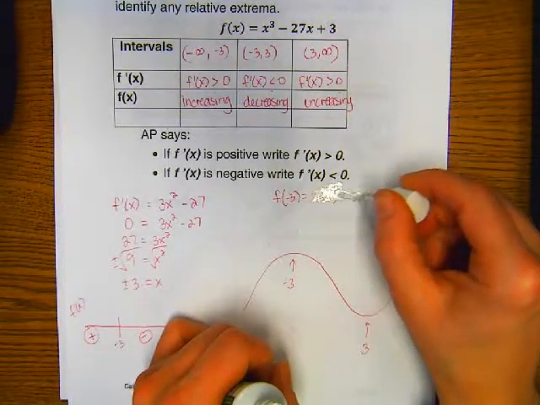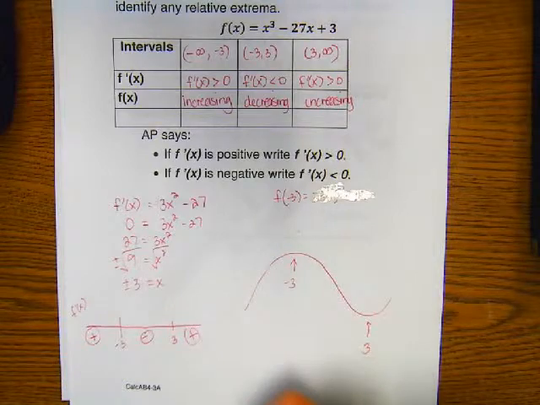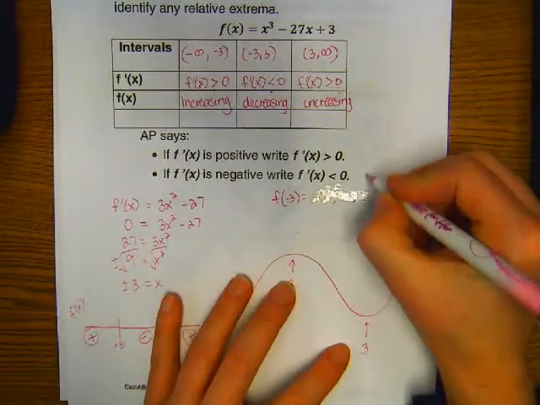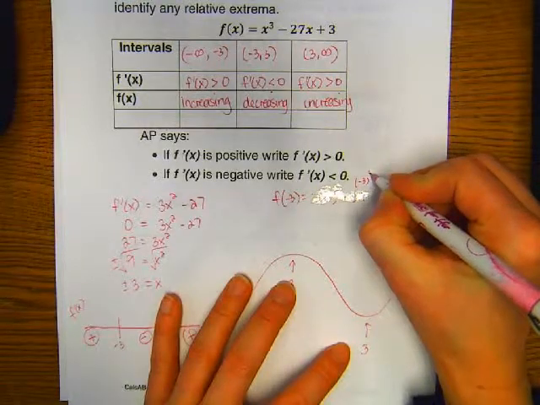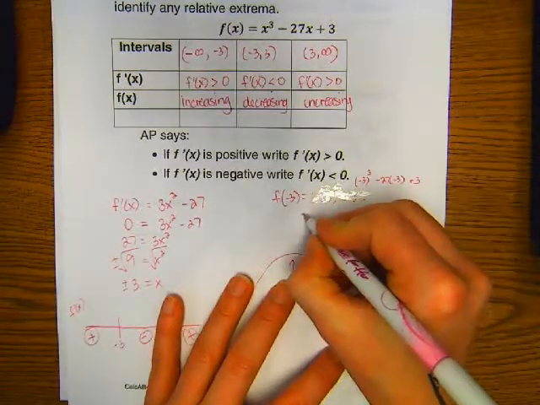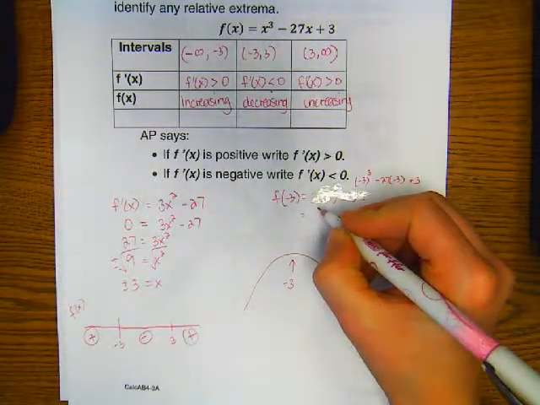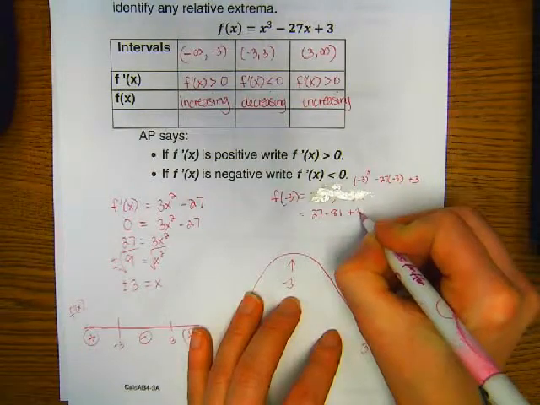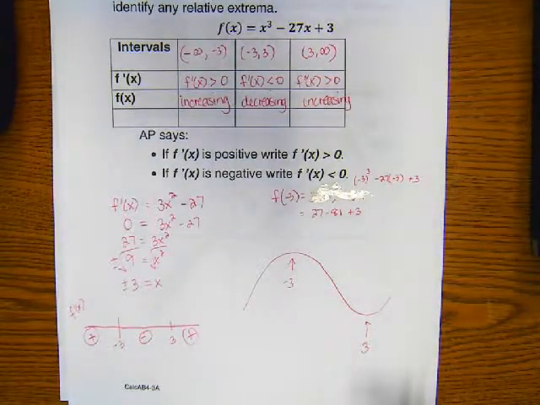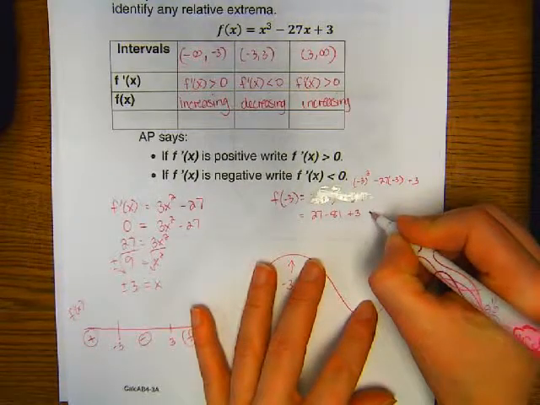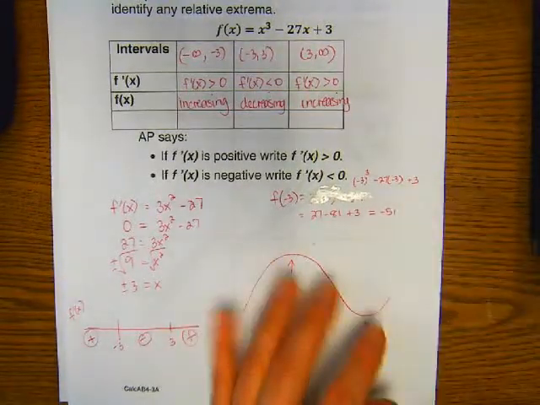Okay, so I'm going to have negative 3 cubed minus 27 times negative 3 plus 3. Okay, that's 27 minus 81 plus 3. That should be, let's see, a negative 51.